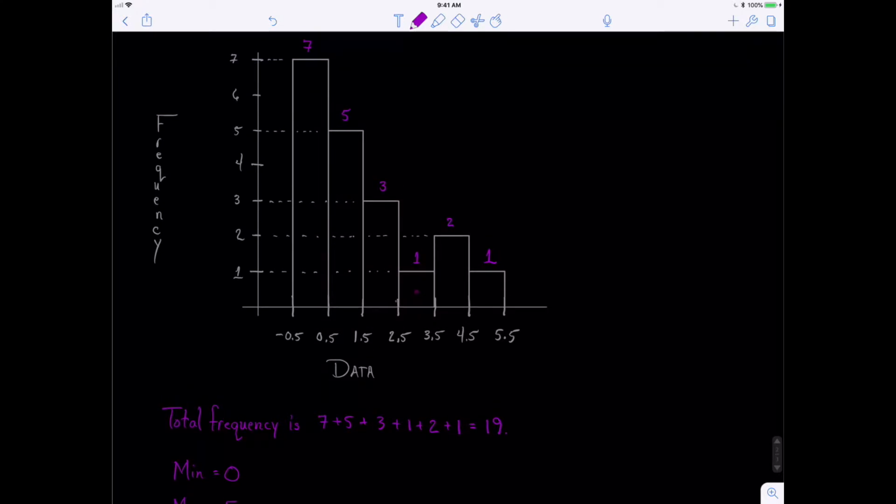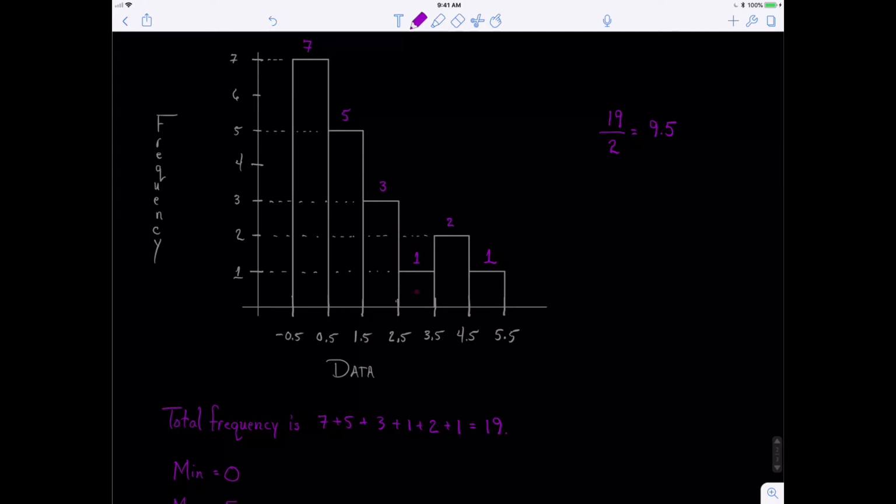Well, we're going to use our histogram and think about this for a moment. If I have 19 values and I divide this by 2, I would come up with 9.5. Well, we can't have a 9.5th value. So that means the median is going to have 9 values above it and 9 values below it, and it's going to be that number right in the middle.